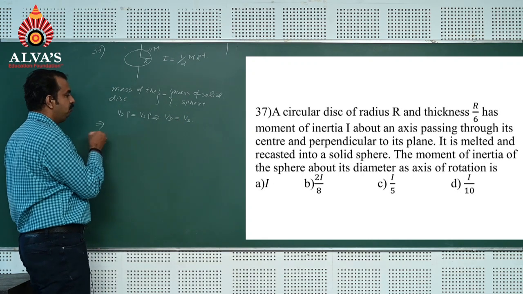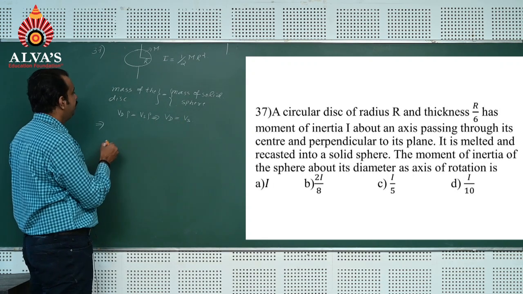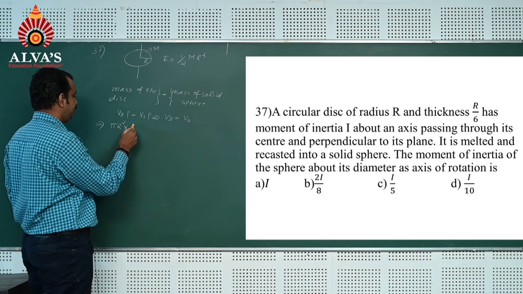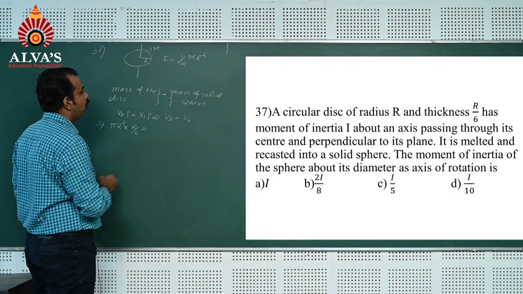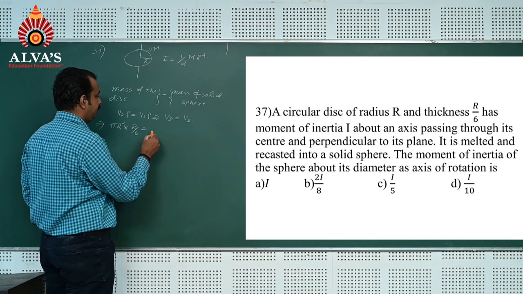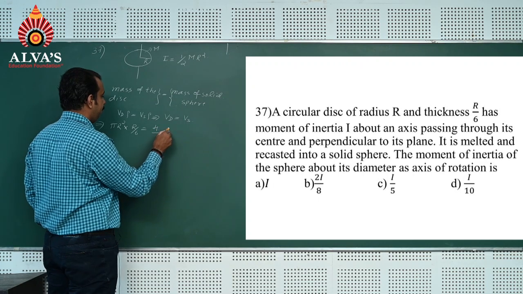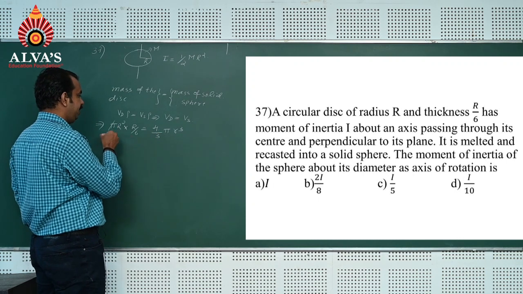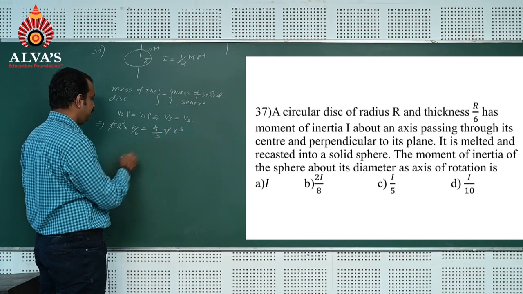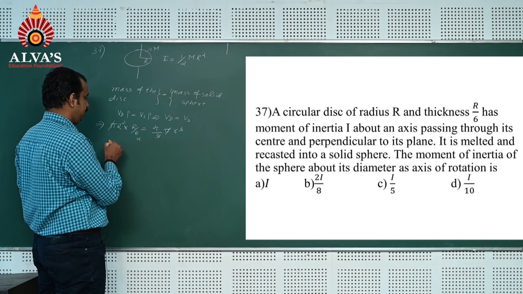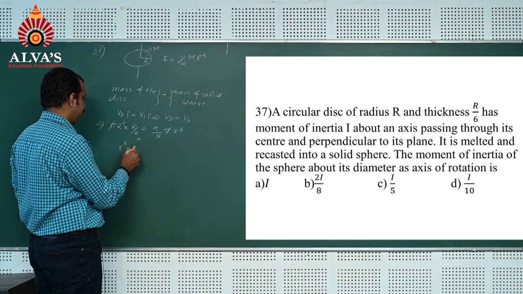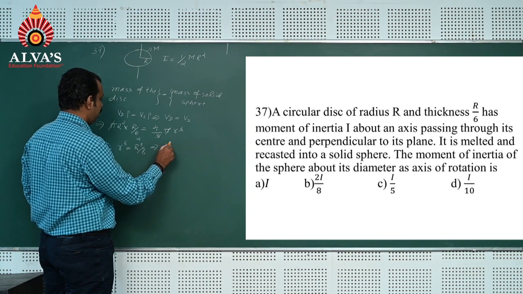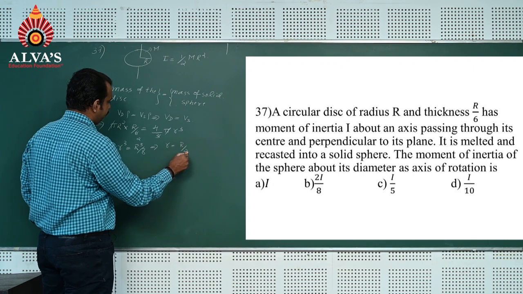Volume of the disc is pi r square into thickness r by 6, equal to the volume of the sphere, 4 by 3 pi R cube. The pi gets cancelled. r cube is equal to R cube by 8. That implies R is equal to r by 2.